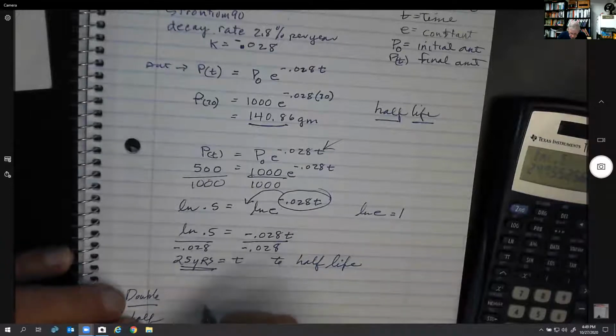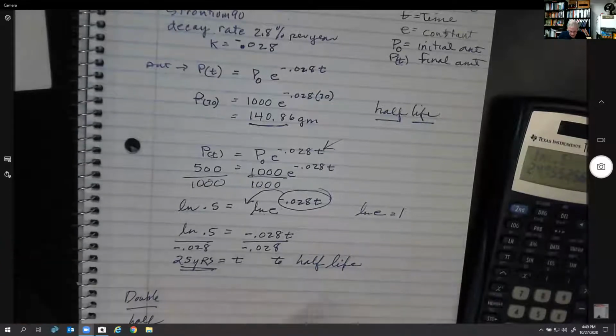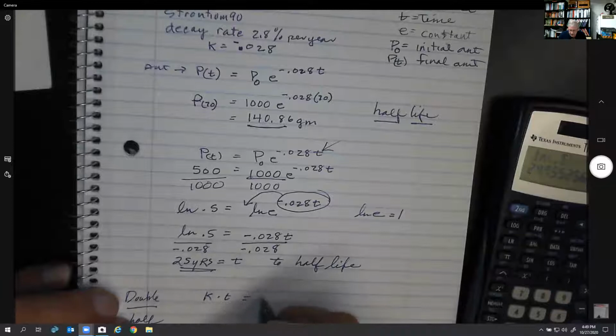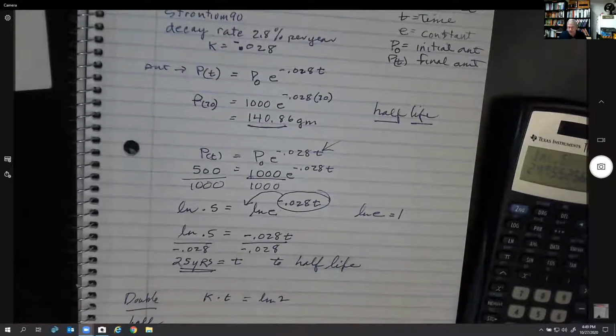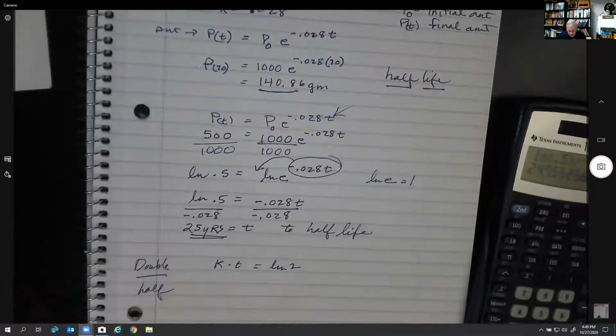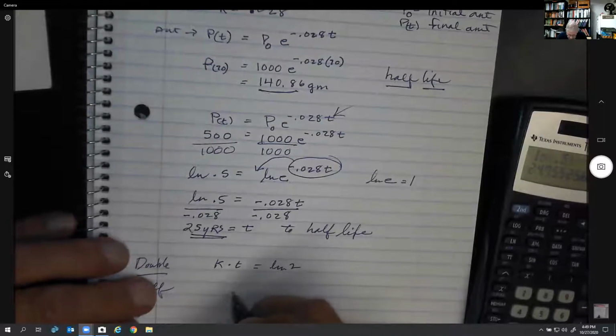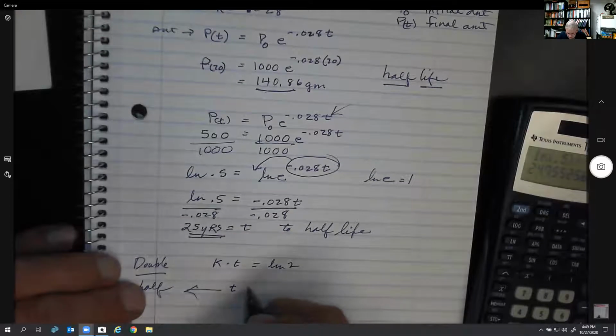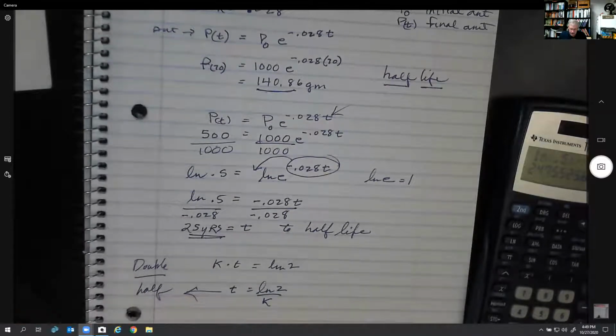k is our constant. k times t equals ln 2 is really what our formula is. If we want to find the time that it takes to get to the half-life, then it would be ln 2 divided by our constant, our rate.